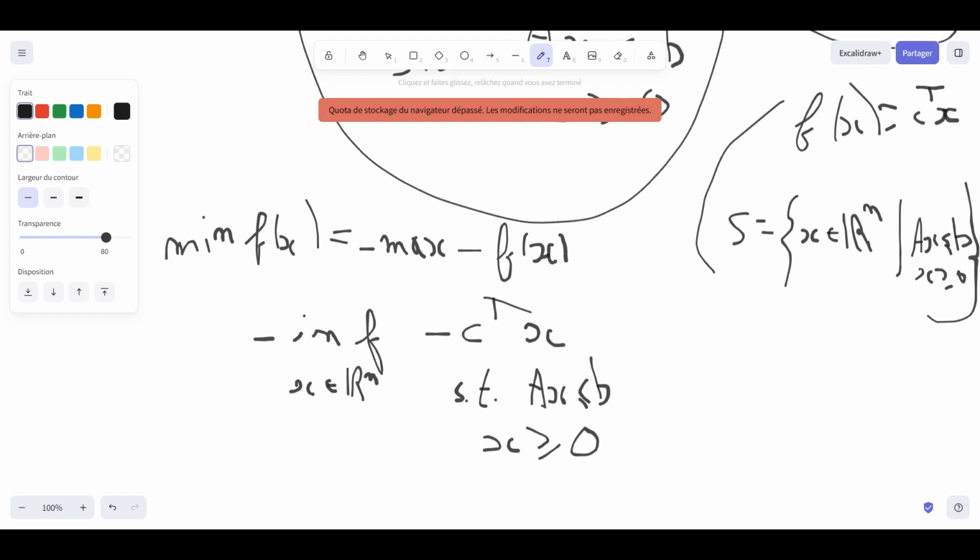Hence we can always restate the minimization problem as a maximization problem.